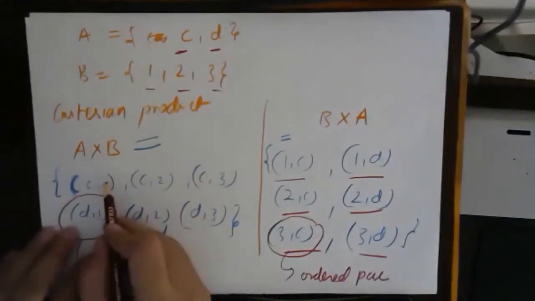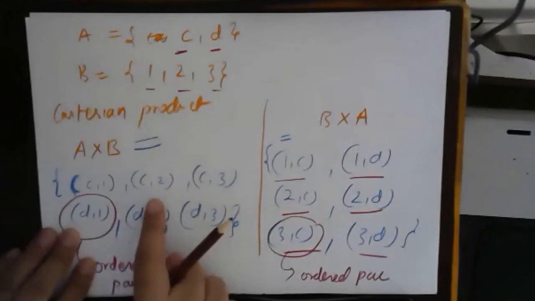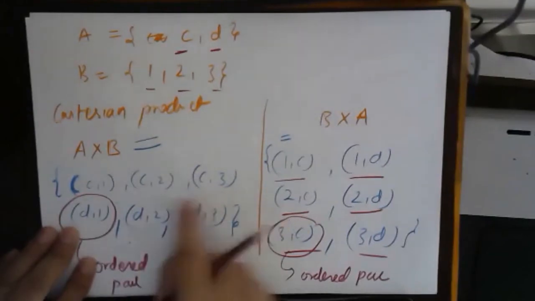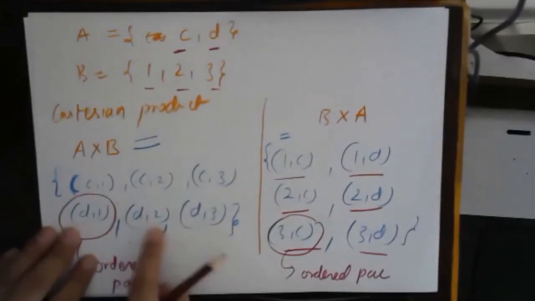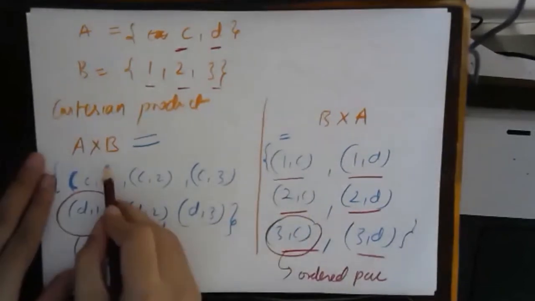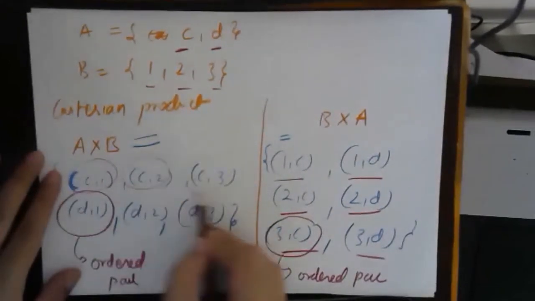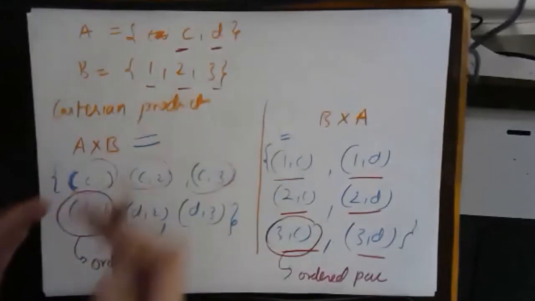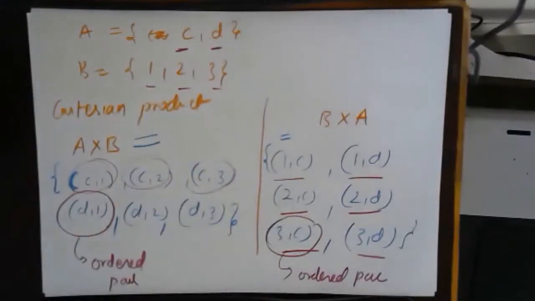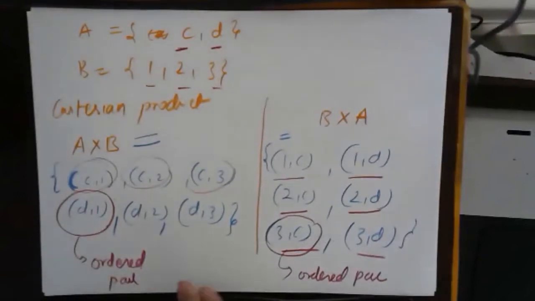A cross B has elements C1, C2, C3, D1, D2, D3. All are separate. Each element itself, we have given a name, is known as an ordered pair. I hope this is okay for everyone.